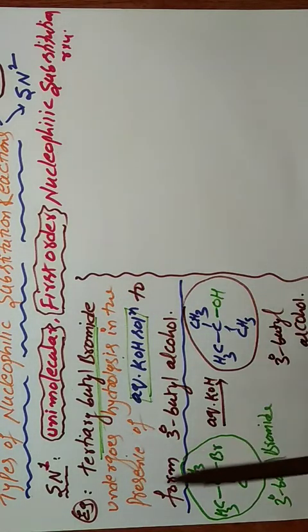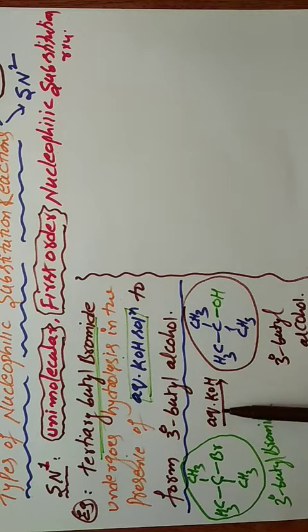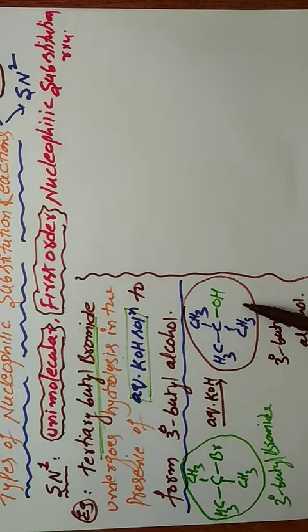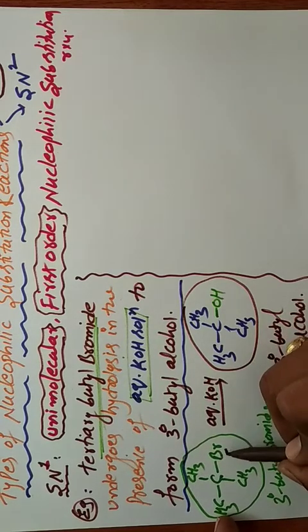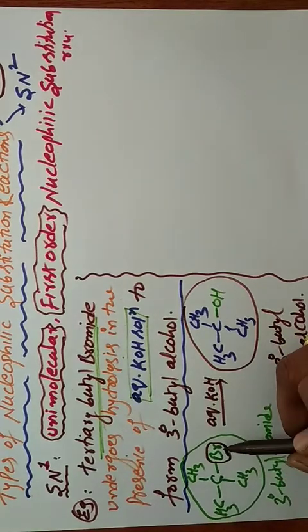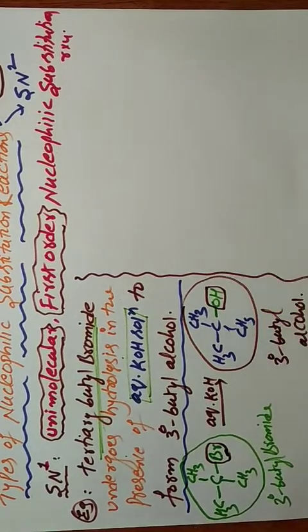In this reaction we are taking one alkyl halide. What type of alkyl halide? That is important: tertiary alkyl halide. It reacts with aqueous KOH solution. Finally we get the OH group containing compound, tertiary butyl alcohol. So here the bromine atom is replaced by the OH group.